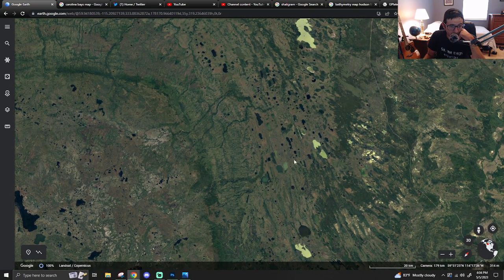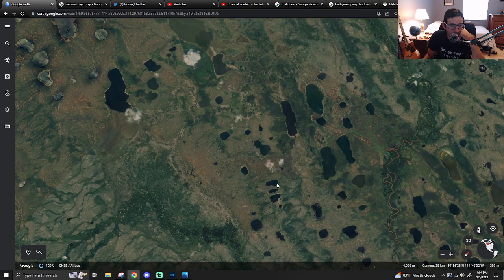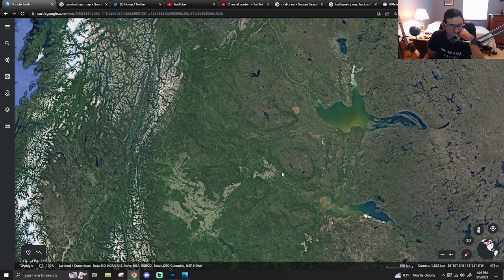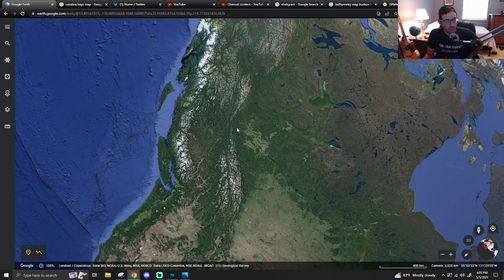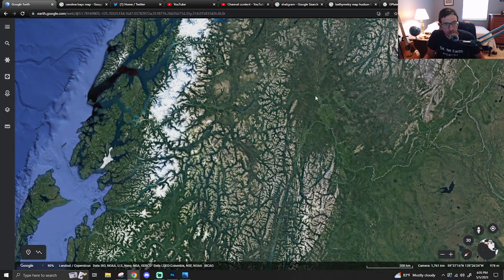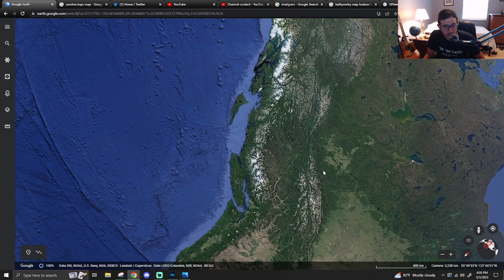This strongly suggests a current path. There's a current coming out of here, going across down this way, current coming out of here, going across down this way, maybe interacting.